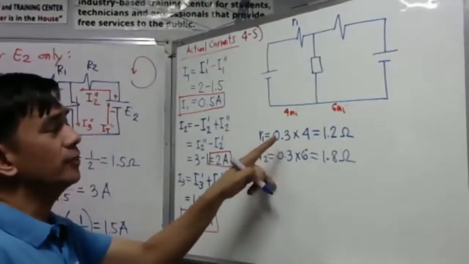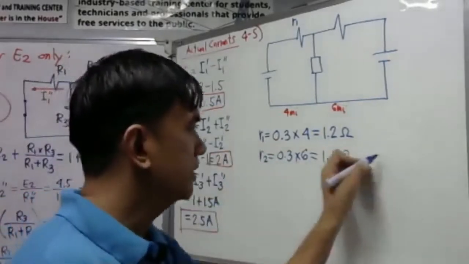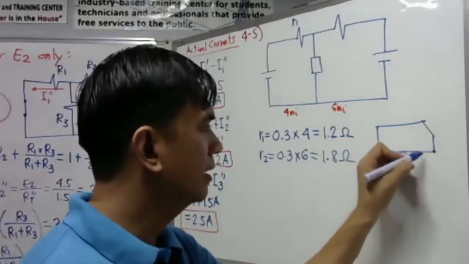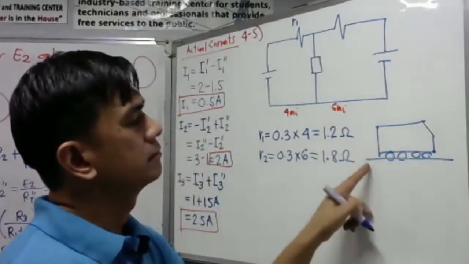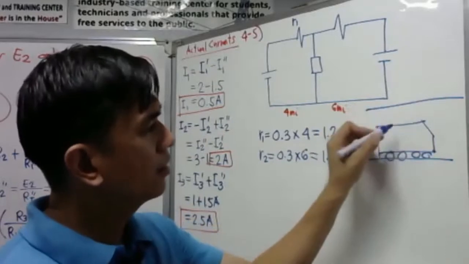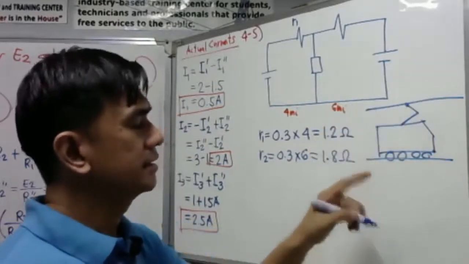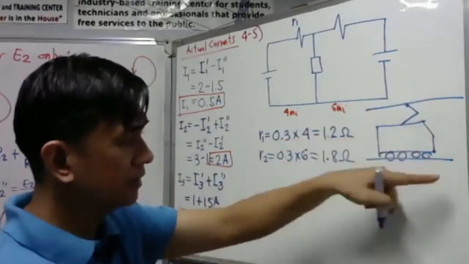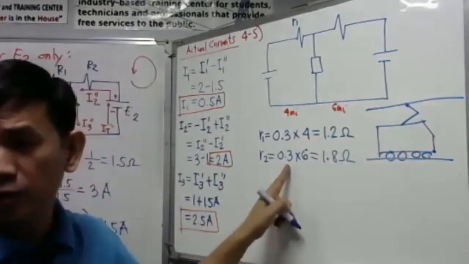Because the 0.3 will represent, this is the train, this is the wheel of the train, and this is the rail, this is the trolley. The resistance of the trolley wire and rail return, so the upstream and downstream is represented by 0.3 ohms already.